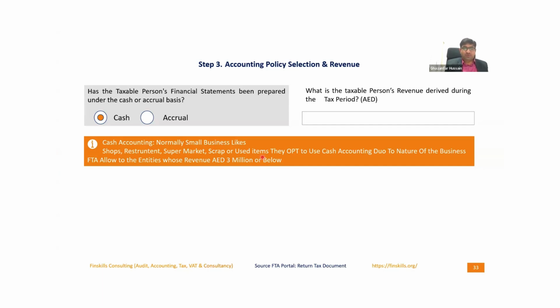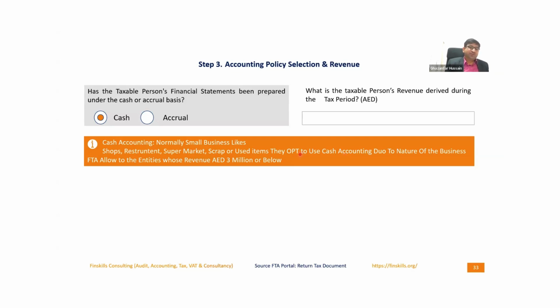Most people are familiar with this industry or any other used market. They opt to use cash accounting because they do not have much of an accounting team or professionals on board, and their business also supports it.